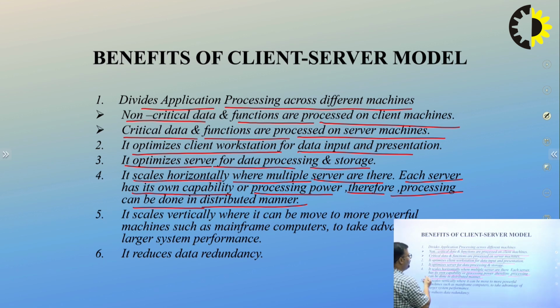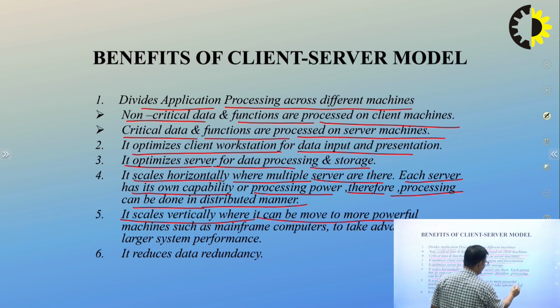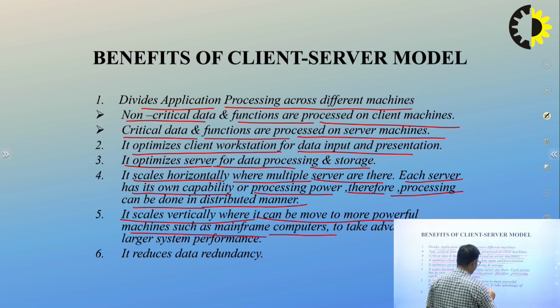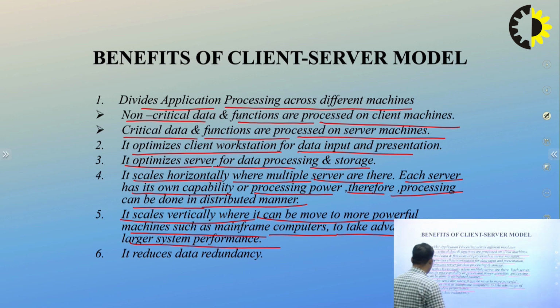And the fifth benefit, it scales vertically, where it can be moved to more powerful machines such as mainframe computers to take advantage of larger system performance. And next one, it reduces data redundancy. Okay.